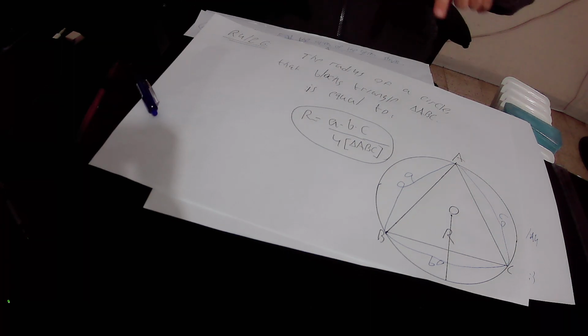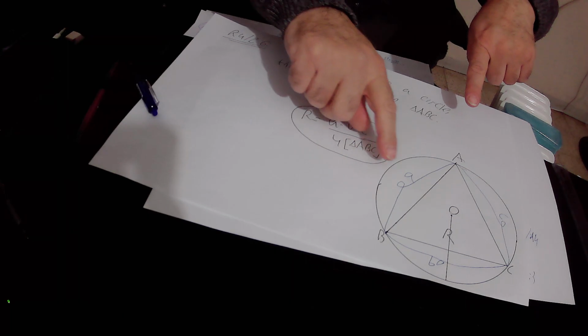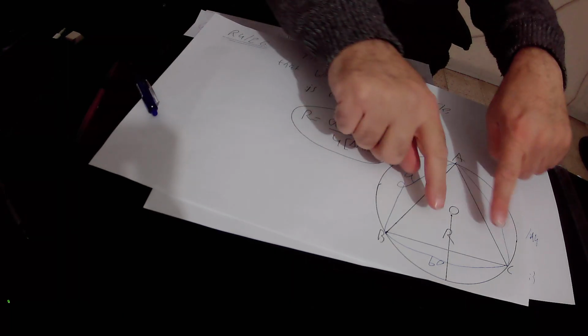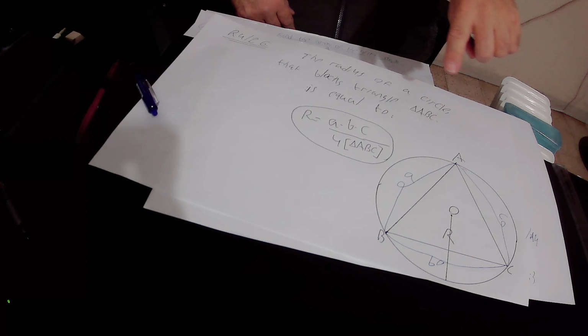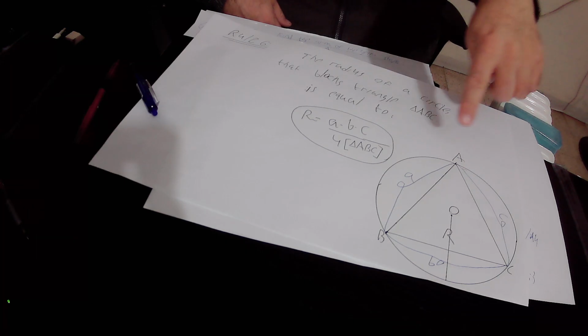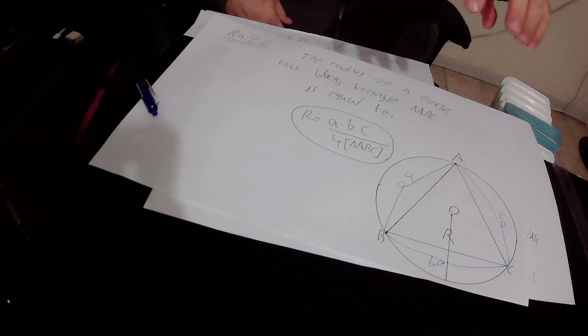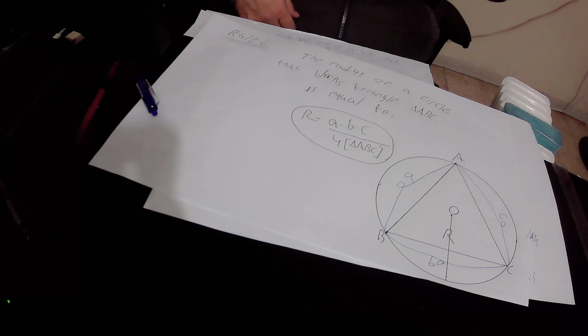I repeat again that side AB in this triangle equals C units, side BC equals A units, and side AC equals B units. So the radius of this circle will be equal to the multiplication of the side lengths of the triangle by each other, that is A times B times C, over 4 times the area of this triangle ABC that is enclosed by this circle.